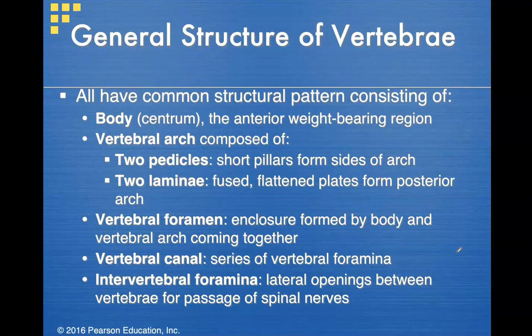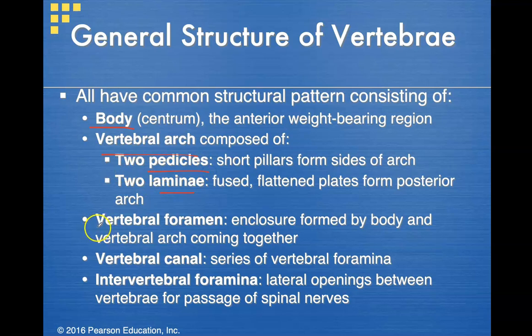So let's go ahead and get into the general structure of the vertebra, and then we'll talk about the different vertebrae and what makes up the differences between them. I'm going to show you these structures: the body, and then the vertebral arch, which consists of the pedicles and the lamina. I'll show you these.